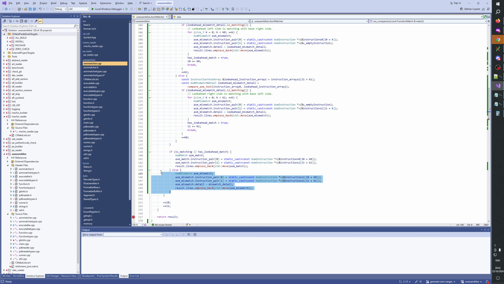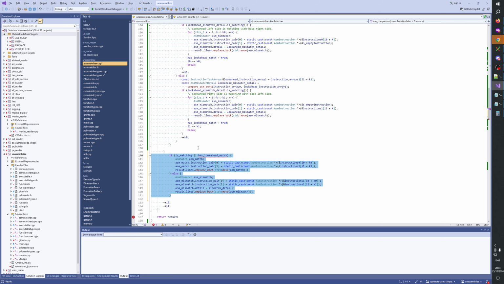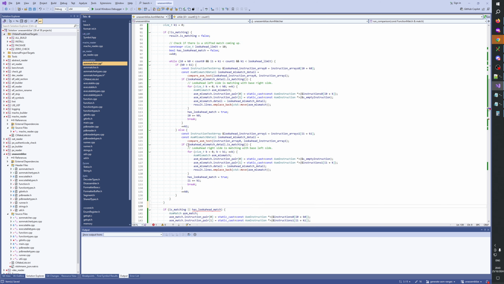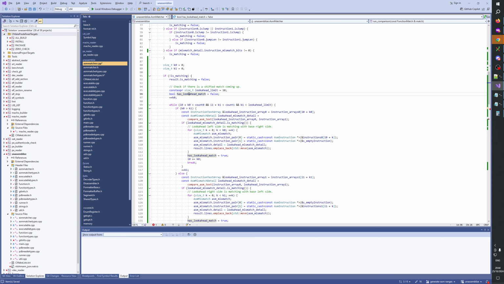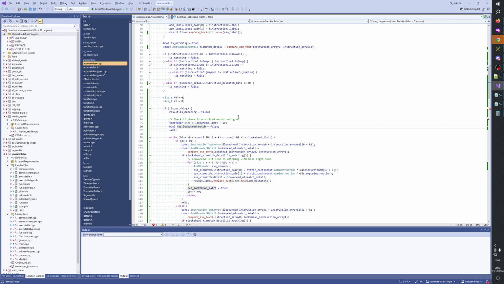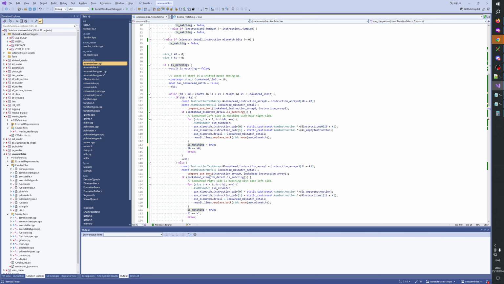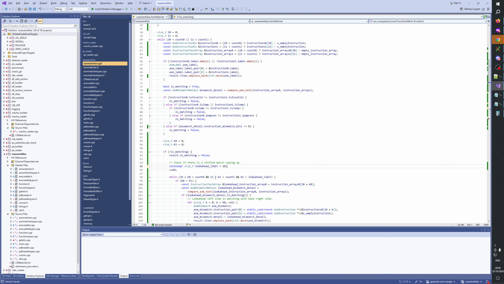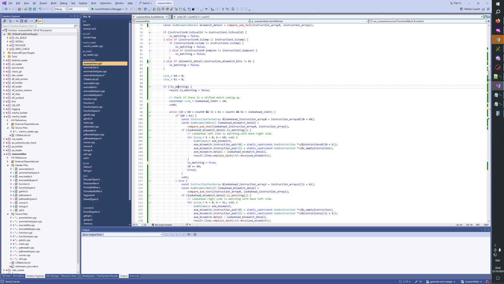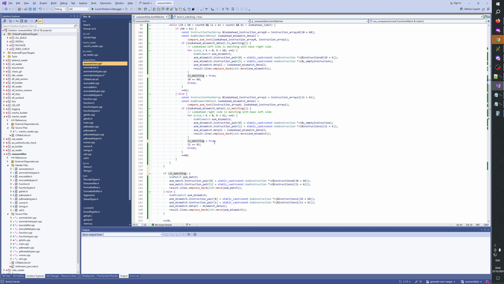Okay, but this is also wrong because this would need to be here. And then we can simplify this to is matching equals true. Then we don't need this one. So basically it enters is not matching, and then it can set itself again to is matching. Yeah. And then it can enter here.